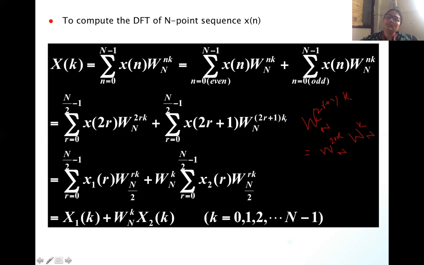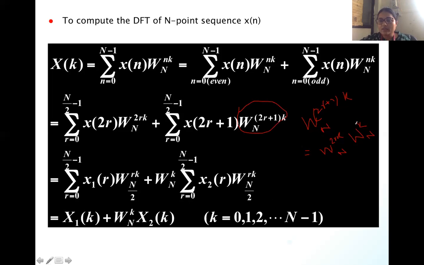So this entire exponential part we have now separated. Because of separation, the twiddle factor will look like W raised to 2rk suffix N multiplied by W raised to k suffix N. This k here does not depend upon r.